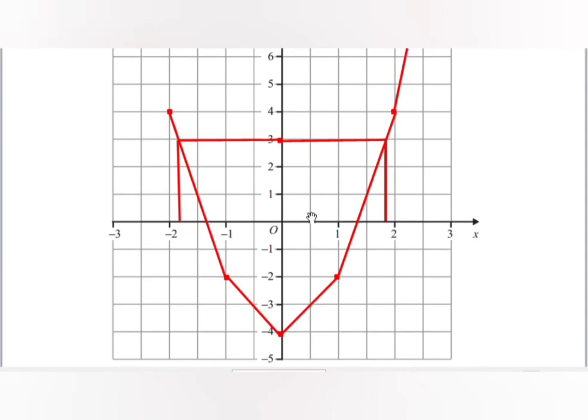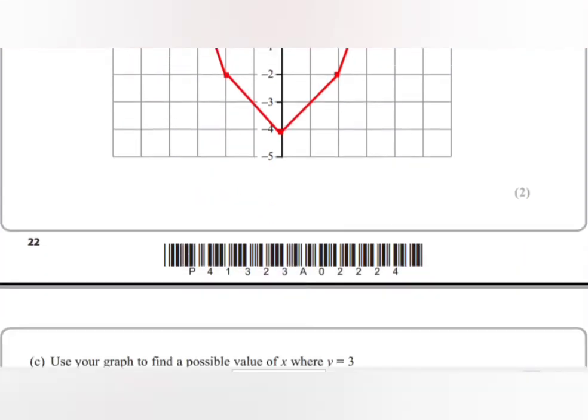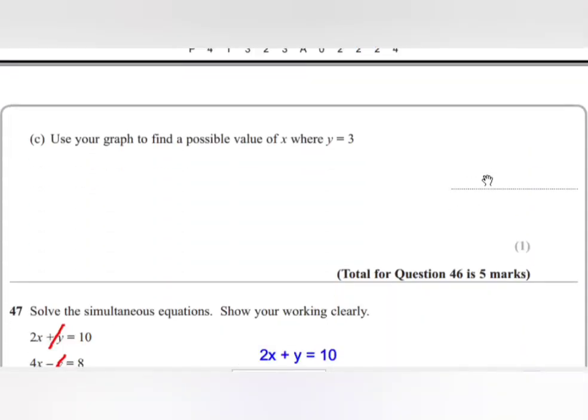So it's 1.8 basically, positive or negative side. Okay. So you can write in the answer 1.8. It's going to be accepted as 1.8. So we write it here, 1.8 as an answer for the value accepted in question C.